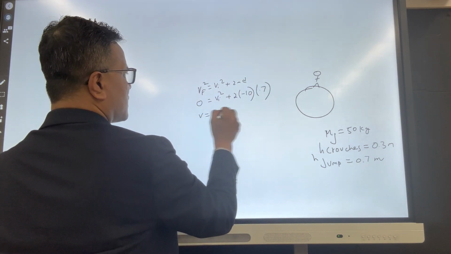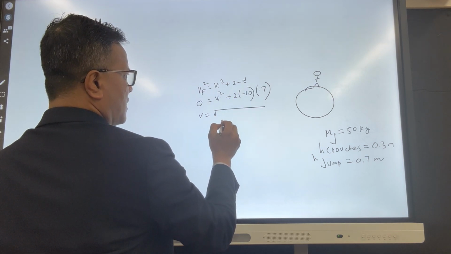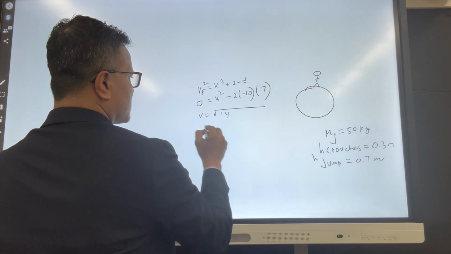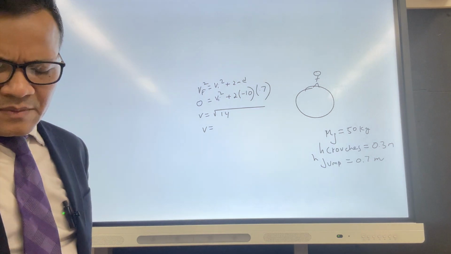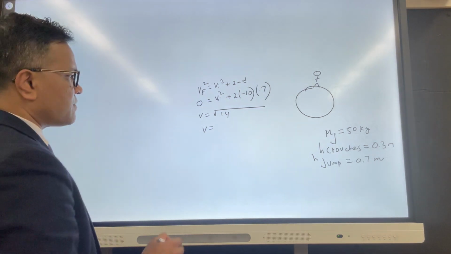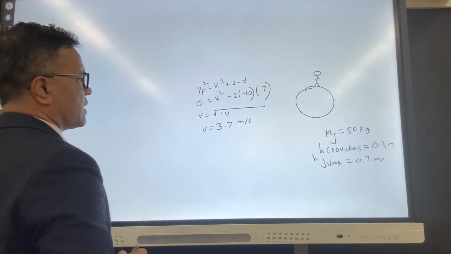So Vi squared is 2 times 10 times 0.7, which is 14. So V is the square root of 14, which is 3.7 meters per second.